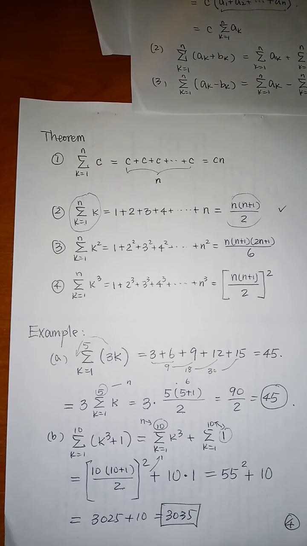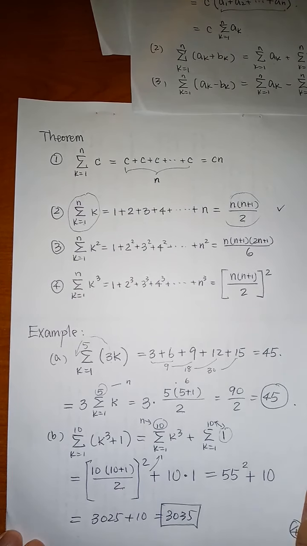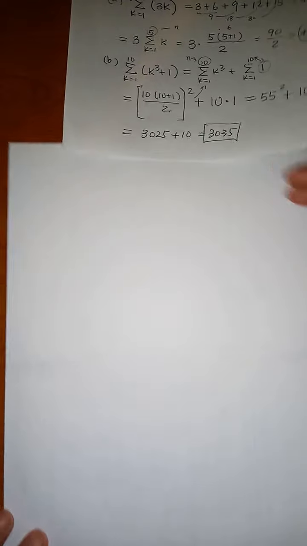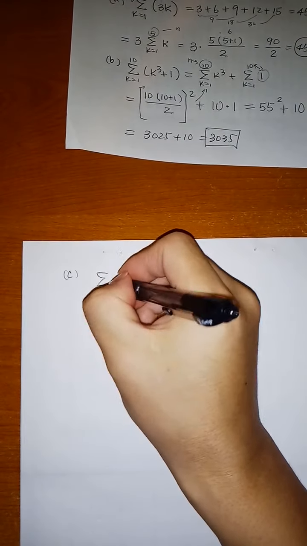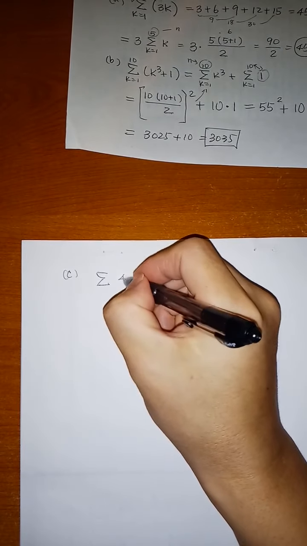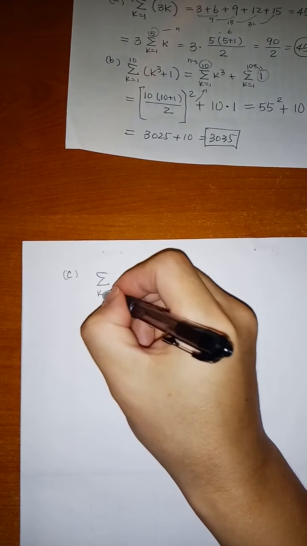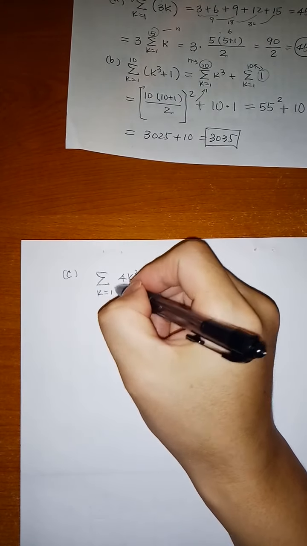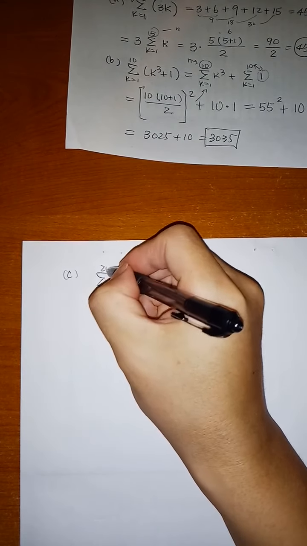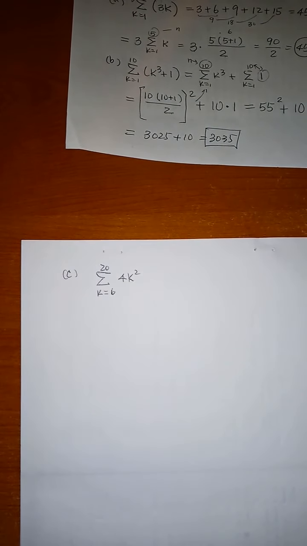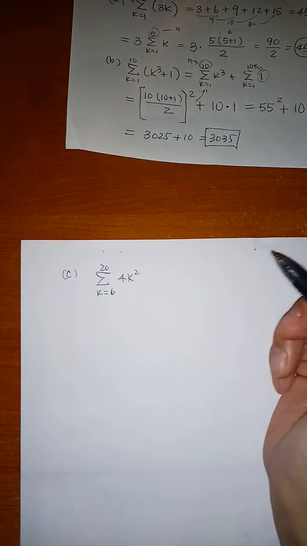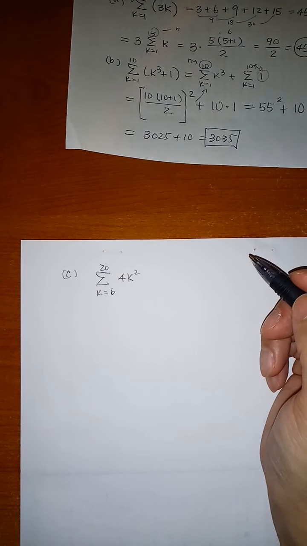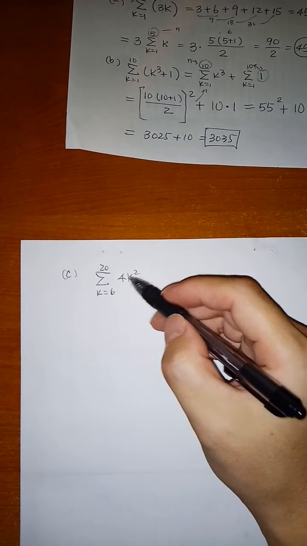And next, sigma k from 6 to 20, 4k squared. You see the coefficient of 4.